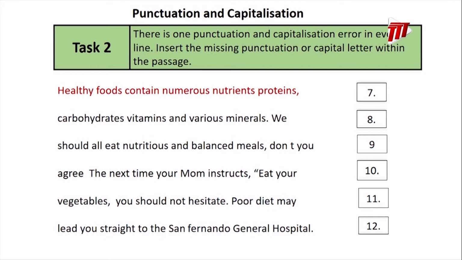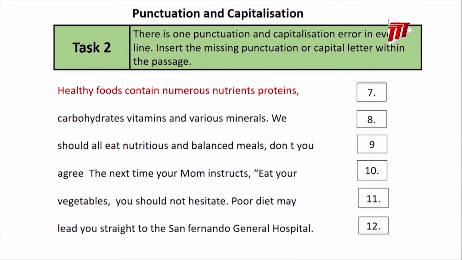So here we are being told there's one punctuation and or capitalization error in the line. Insert the missing punctuation or capital letter within the passage. So right there in the passage, in each line, there's an error. You take your pencil and you put in the correct mark that is missing or capital letter that is missing. So let's go. Remember, we are reading it twice.